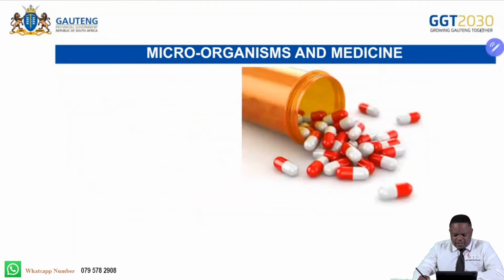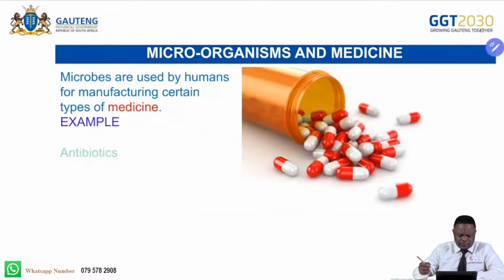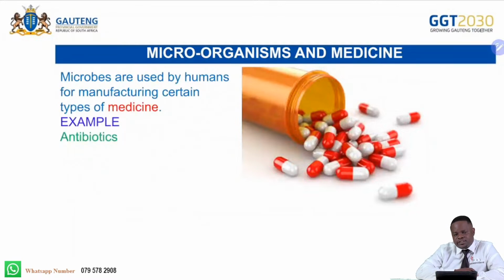Also, our microorganisms are important in medicines. How important are they? These microorganisms are used to manufacture certain types of medicine. For example, we talk of antibiotics. We said these are the medicines that we use in the treatment of diseases that are caused by bacteria.